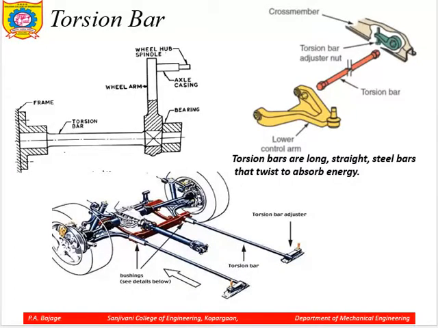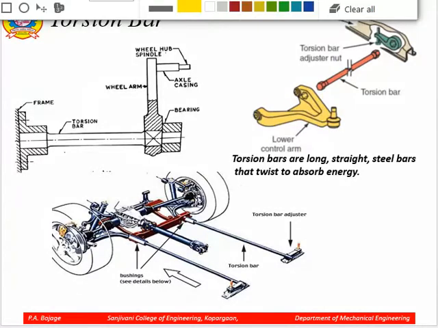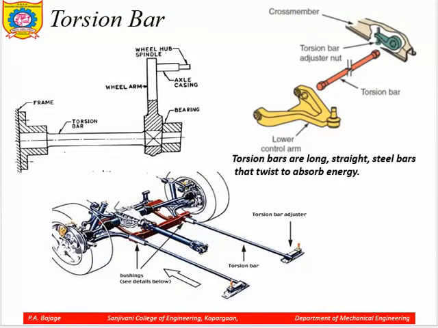So what is the torsion bar? You can see in these diagrams, a torsion bar is a rod connected with attachment so that it can twist, and the torsion of the bar will absorb the shocks of the vehicle.